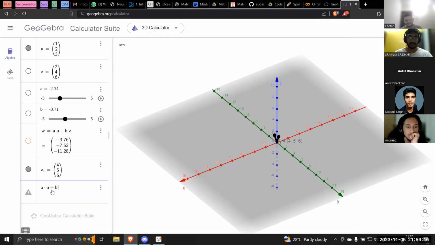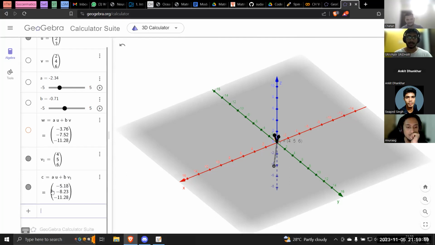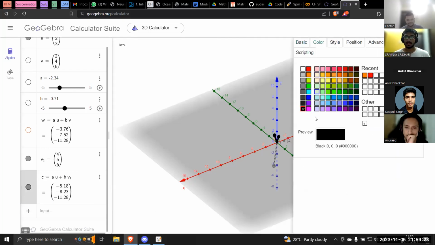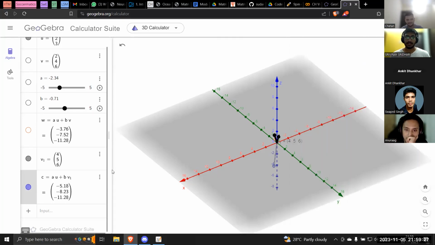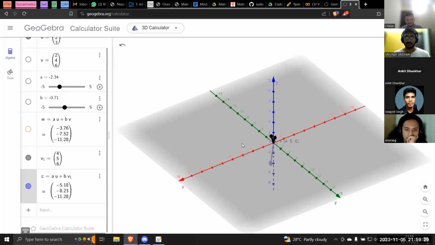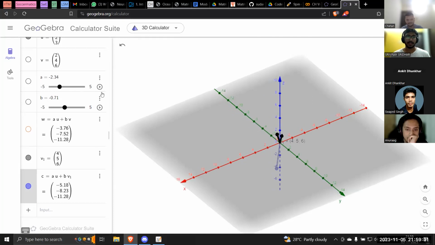So now let me take the linear combination of these two, a times u plus b times v1, right? And let me color this blue and show the trace. I think we've seen this before. So let me start varying.